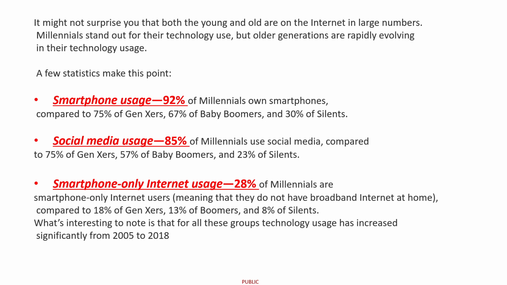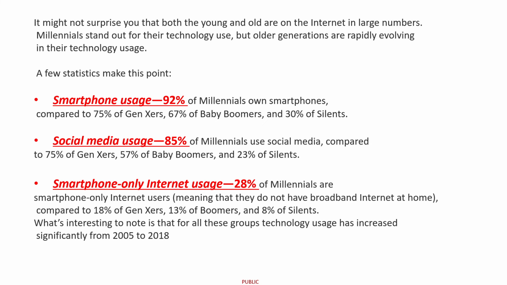And lastly, smartphone-only internet usage, not the other features of a smartphone. Obviously a smartphone has a lot of other features apart from social media and the internet, like your camera, video recording, calling, texting, and editing. Apart from this, only internet usage.